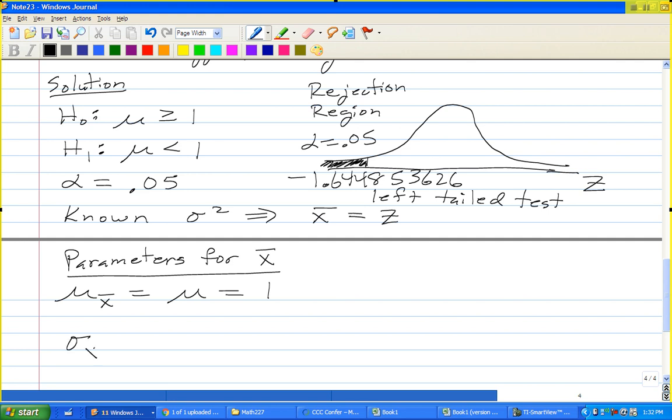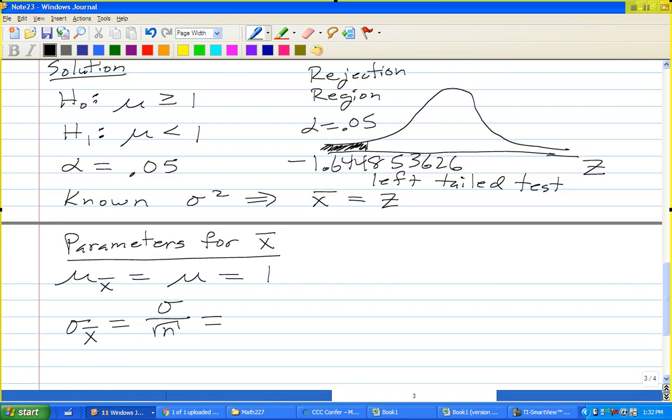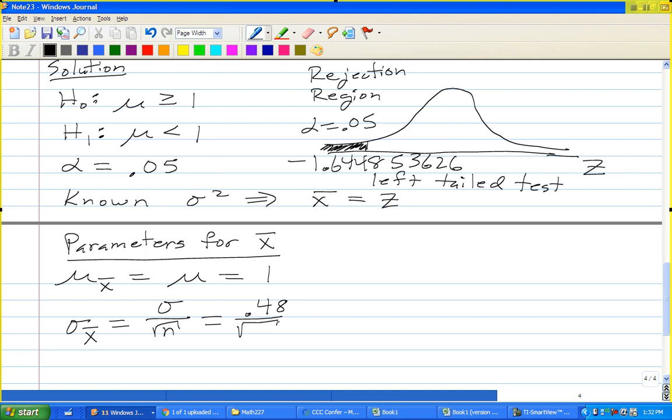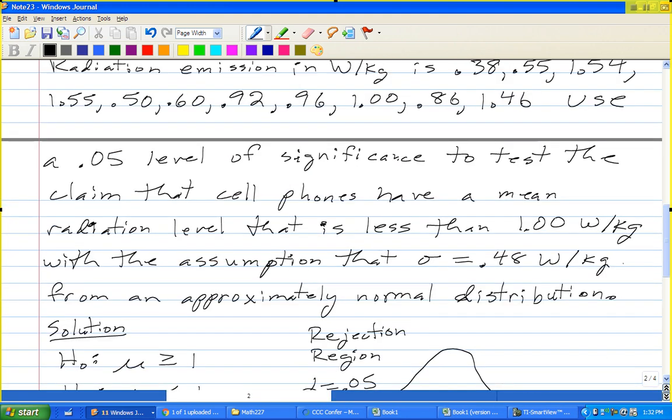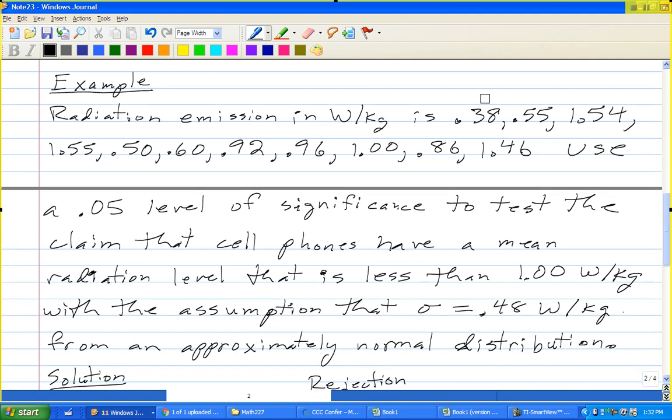The standard deviation for the sampling distribution of all possible sample means is sigma over radical n, which is equal to sigma, 0.48, over the square root of n. N is equal to 11: 1, 2, 3, 4, 5, 6, 7, 8, 9, 10, 11.